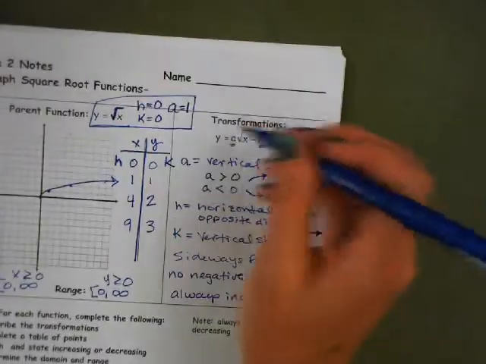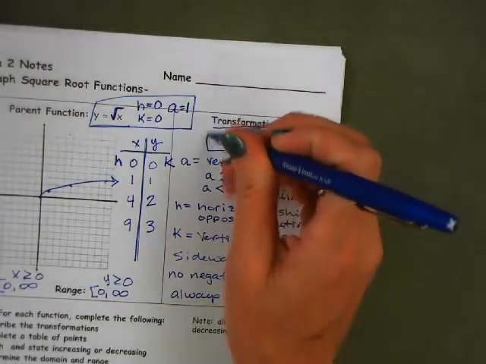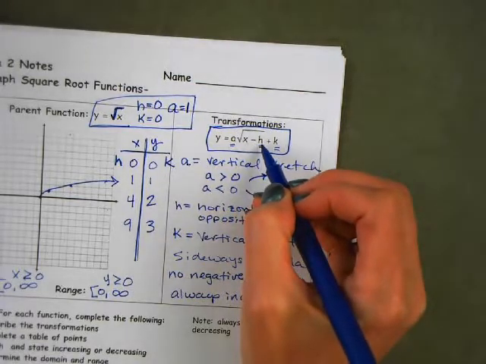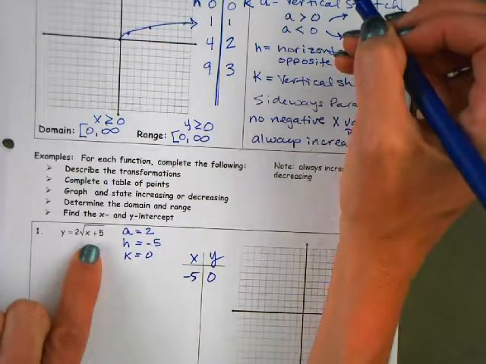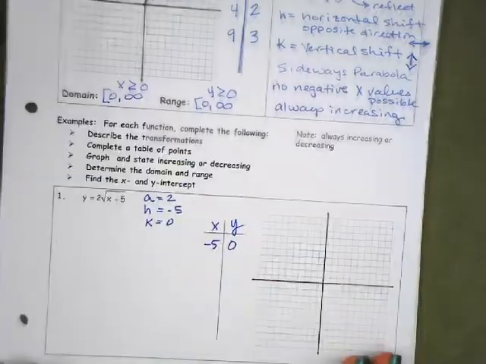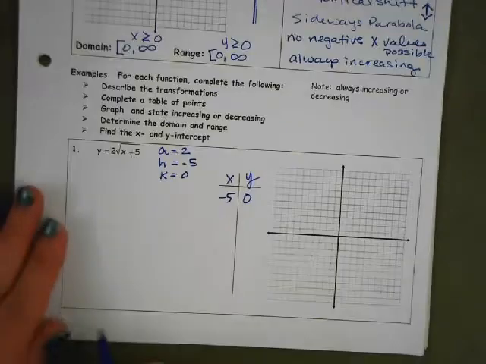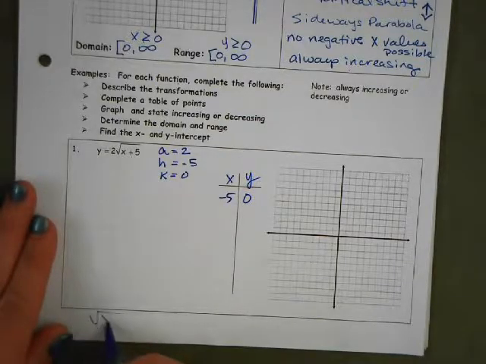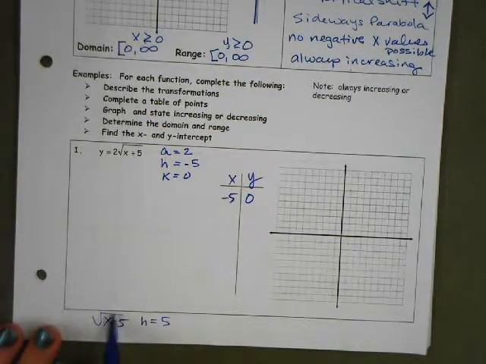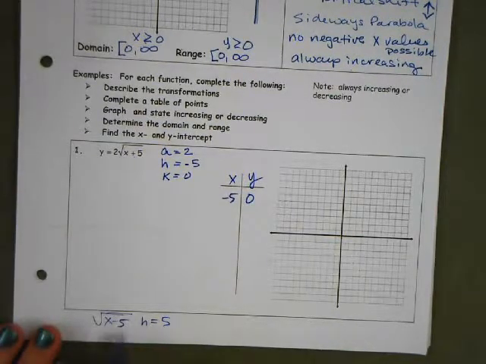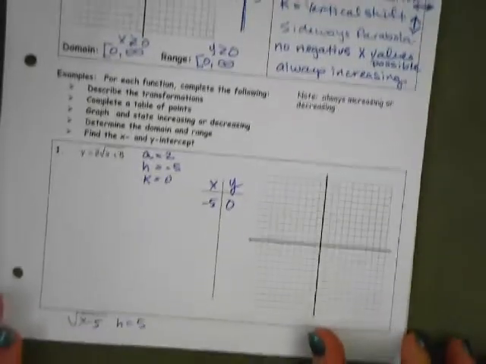Because the formula is X minus H. So for it to be a +5, H had to be a -5. If it was X minus 5, then H would equal 5. H is always the opposite. When you have the equation, it's always the opposite. Okay? Good?